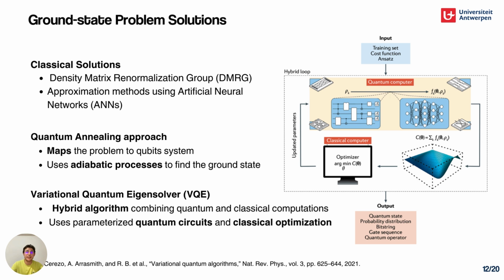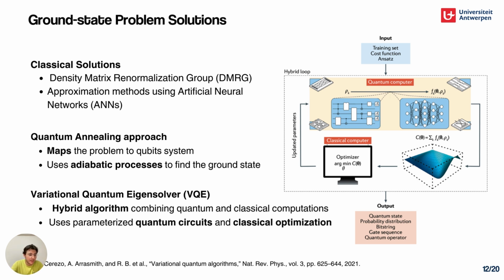As I explained before, the quantum annealing approach is designed for optimization problems, and we can map this ground state problem into an optimization problem that runs on a quantum annealer processor. And also we can use gate-based solutions for this problem, called the variational quantum eigensolver.